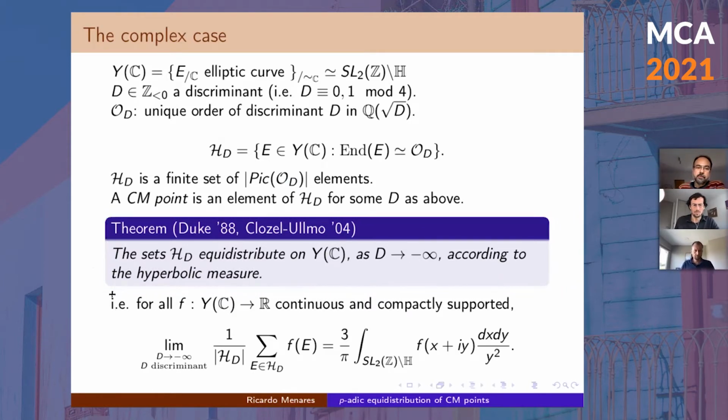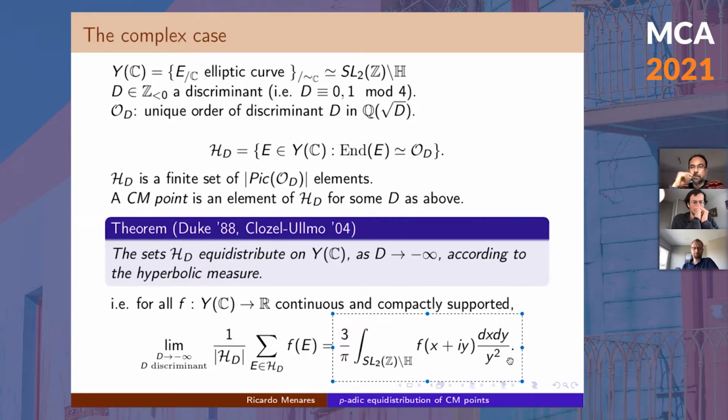Now, equidistribution means something very concrete. This means that for any test function f from Y(C) to the real numbers, which is continuous and compactly supported, when you average your function on the set H_D, so you evaluate on every point and you divide by the number of elements in H_D, then as the absolute value of D grows, you will approach the integral of the function with respect to this measure, which is dx dy over y squared.